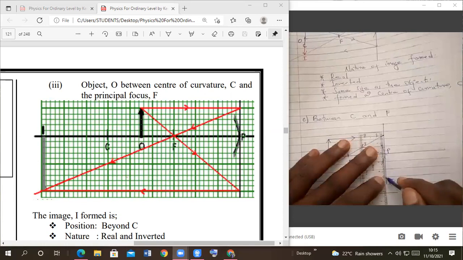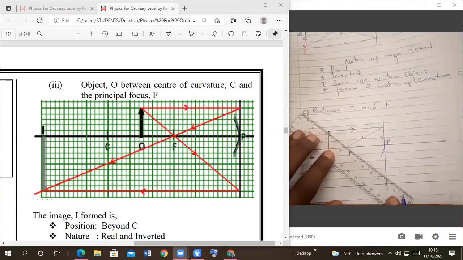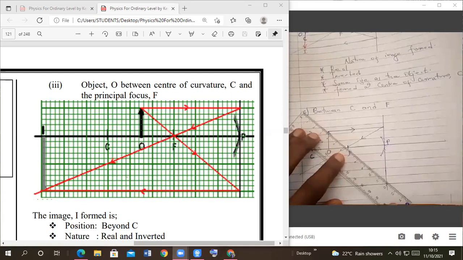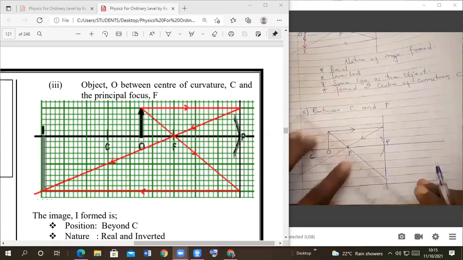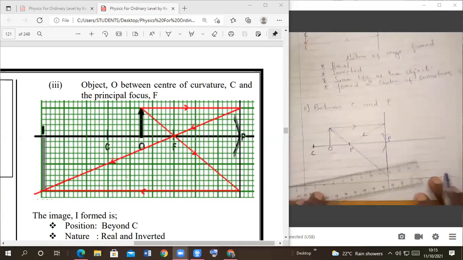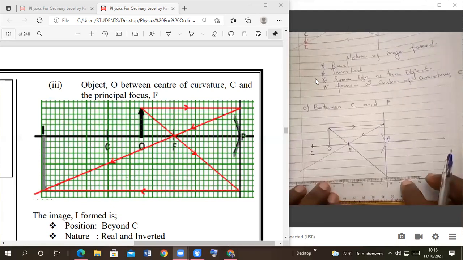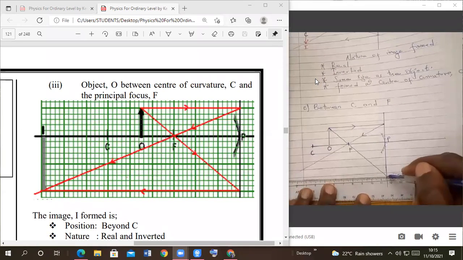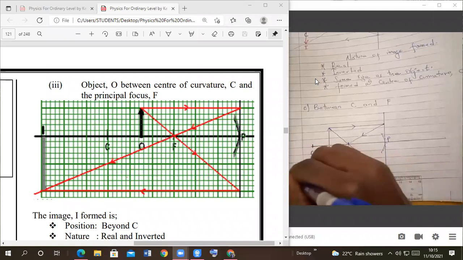Let me extend my mirror a bit. It must pass exactly at that point. When you reach here, it will be reflected parallel to the principal axis, like that.